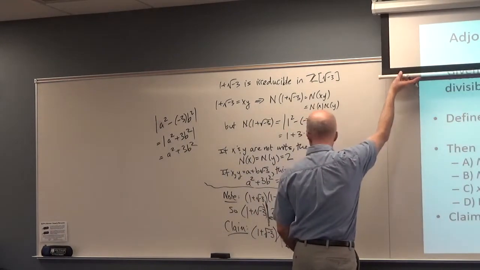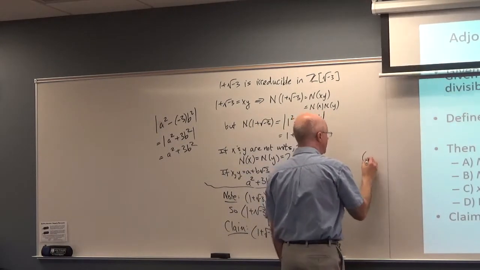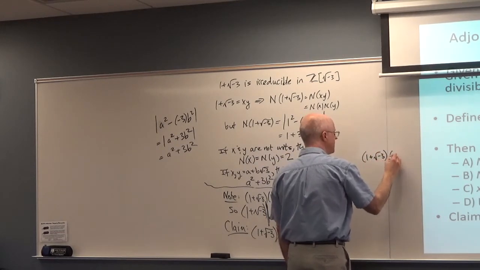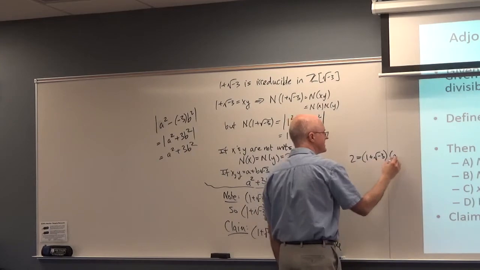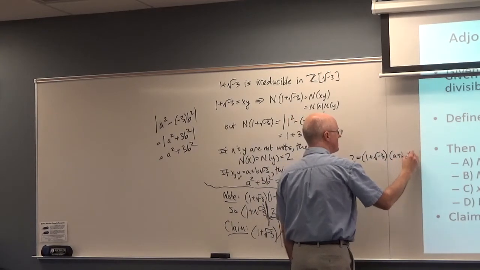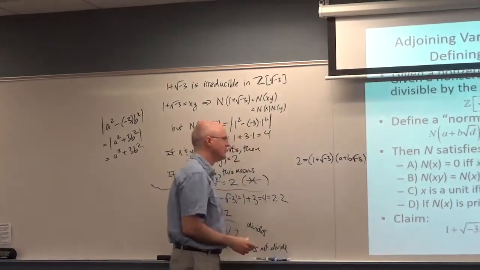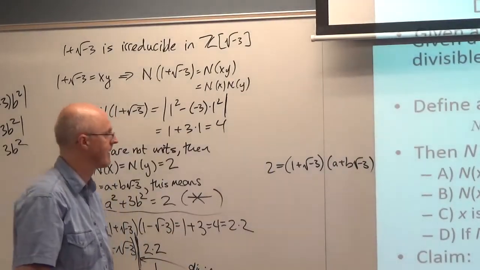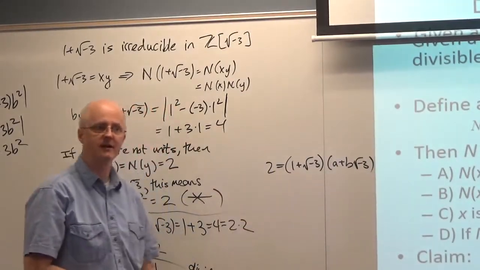Argued by contradiction. Essentially, you can try to argue why, if you assume to the contrary that 1 plus square root of negative 3 divides 2, you can get a contradiction out of this.